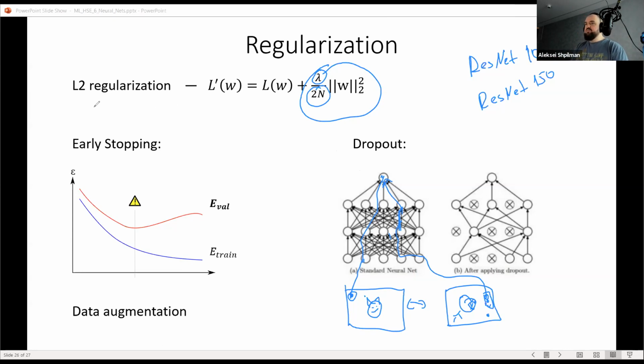Now, this regularization term is also called weight decay. Any ideas why? No ideas. Okay, let's calculate.